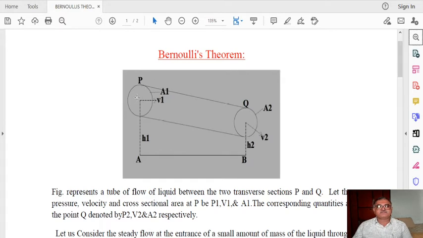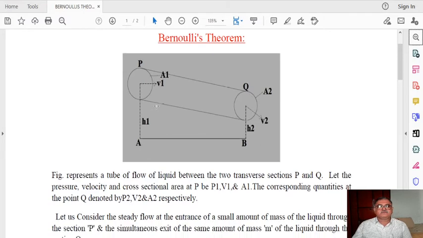P1 is the pressure, V1 is the velocity of the liquid flowing through this end, and A1 is the cross-sectional area at this P. The corresponding quantities at the point Q are denoted by P2, V2 and A2 respectively.